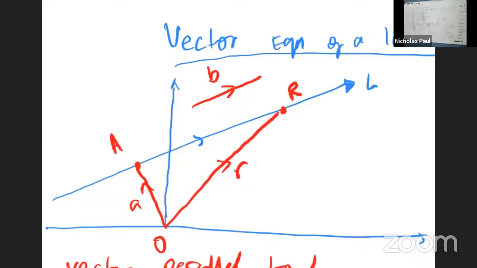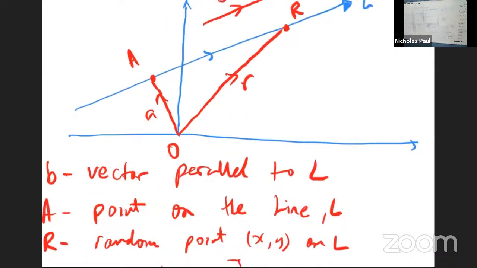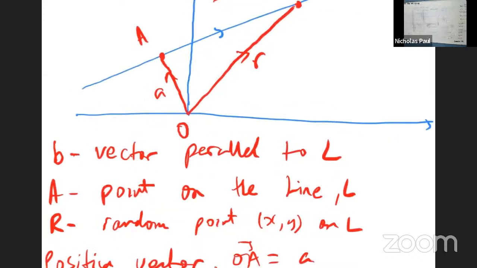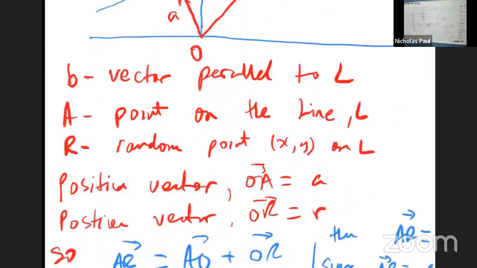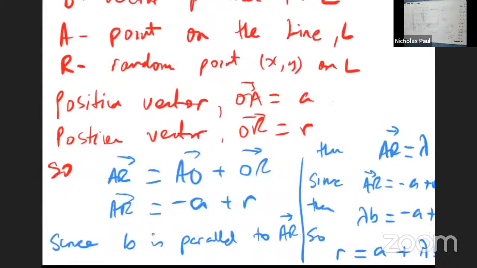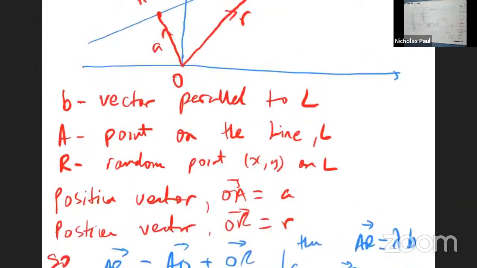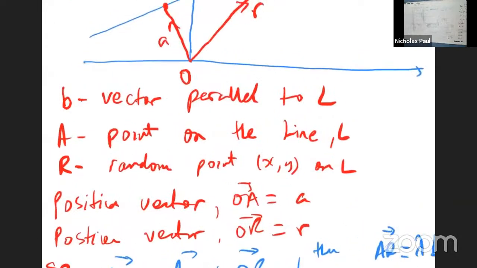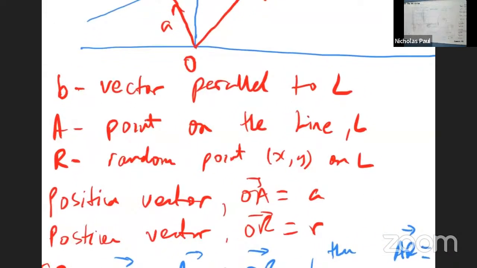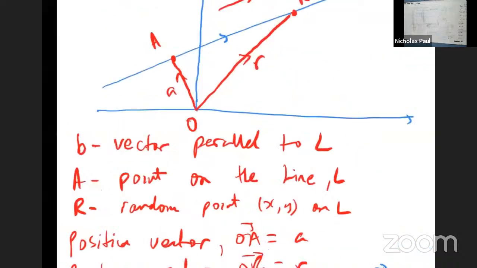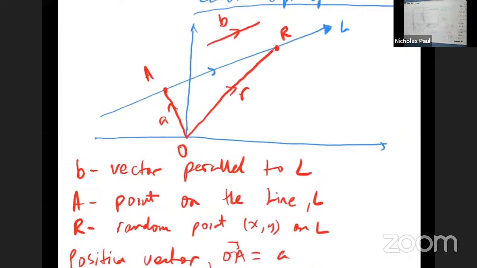Use the same labeling. I wanted to use the same labeling. If you look at it there, the blue line is what we're trying to find the vector equation of.